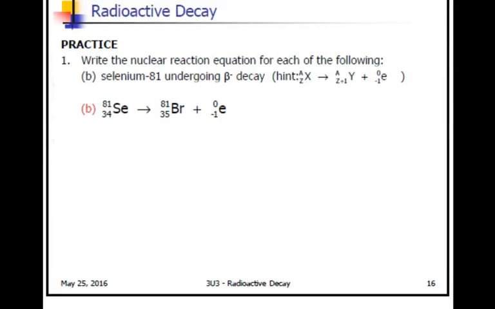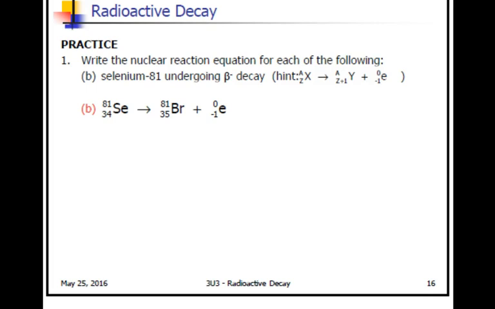Next, we're asked to take selenium-81 and undergo beta decay. So to write down selenium-81, we would write down Se. The 81 is given to us as our mass. You would look at your periodic table to find out what is the atomic number of selenium, and it's 34. For beta negative decay, we are giving off an electron.